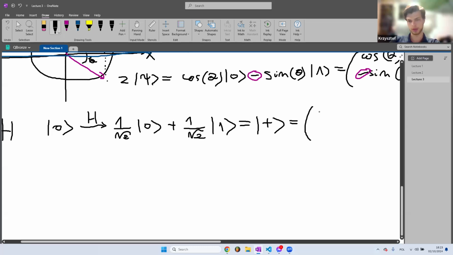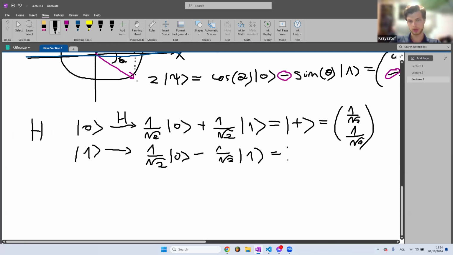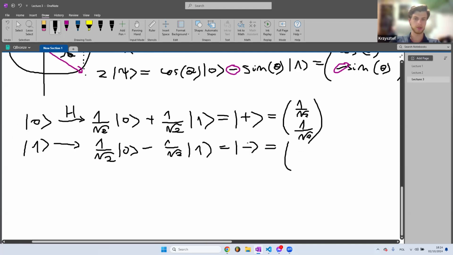And this is also equal to the vector with 1 over square root of 2 and 1 over square root of 2. We also know from yesterday that applying the Hadamard gate on 1 gives us 1 over square root of 2 times 0, but here we have minus 1 over square root of 2 times 1, which is equal to the minus state. We just called it an arbitrary state to be able to represent it more easily. It is the vector with 1 over square root of 2 and minus 1 over square root of 2.